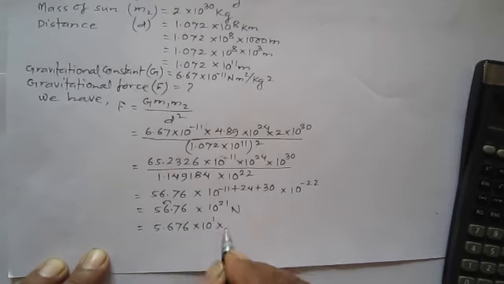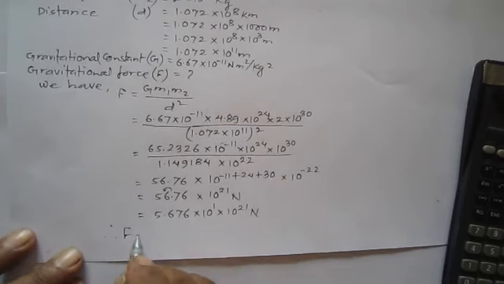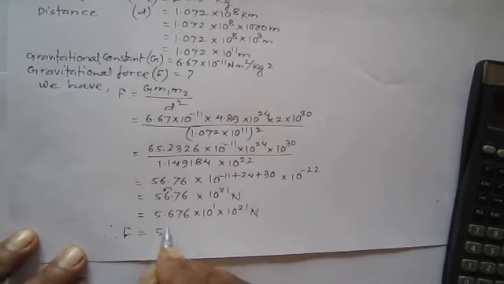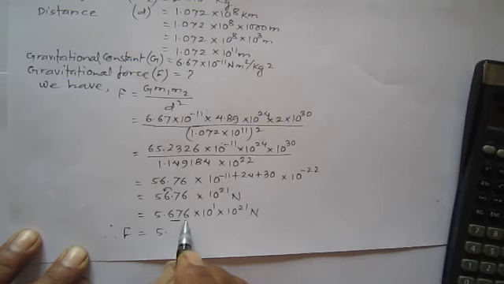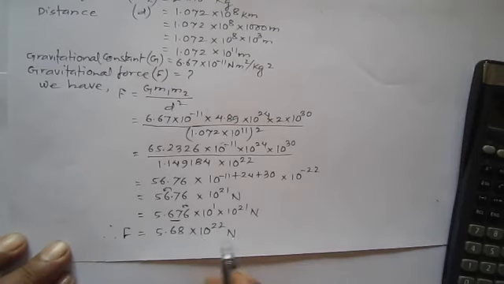And 10 to the power 21 is also here. That's why F is equal to 5 point. It is better to use 2 digits after the decimal point. After these 2 digits, if the third one is 5 or more than 5, then 1 can be added to the second digit. So we can write 5.68 into 10 to the power 21 plus 1, meaning 22 Newton. This is our final answer.